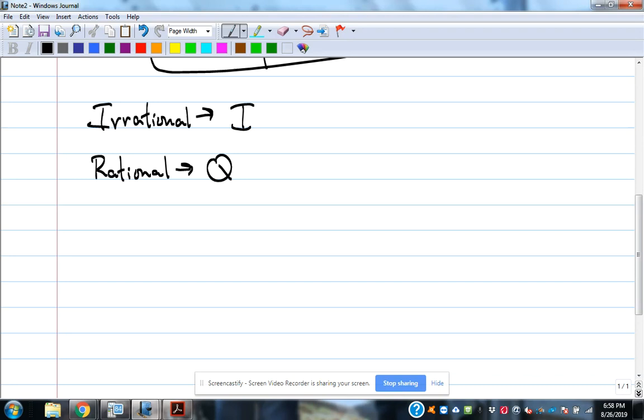Okay, so irrationals get an I, rationals get a Q, and then inside of the rationals you have the integers. Integers, I is already taken, so we can't use that again. So we're going to use a Z. That one I don't understand. I don't know why.